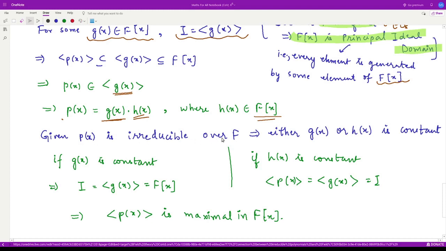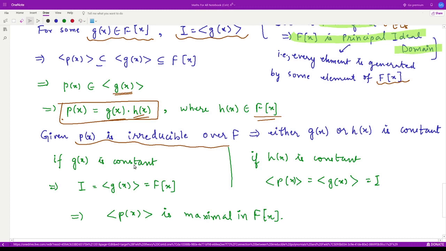So p(x) is irreducible over F, as we have assumed. And we arrived at this thing. So it implies that one of these has to be constant: either g(x) is constant or h(x) is constant.